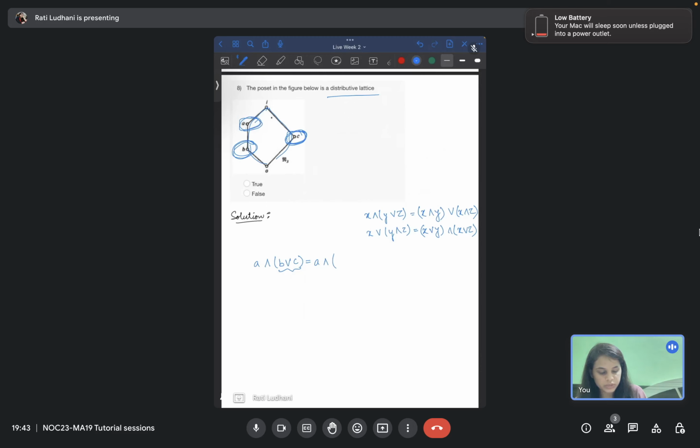Above there are two elements, A and I. A cannot come because C and A have no relation, they are incomparable. So T such that this property holds and this property holds, you can only have this element I.